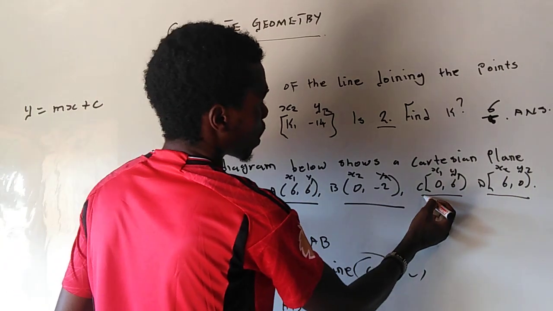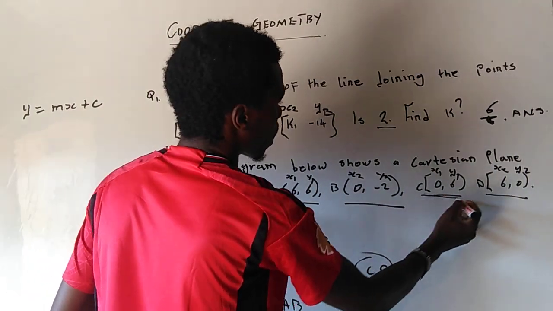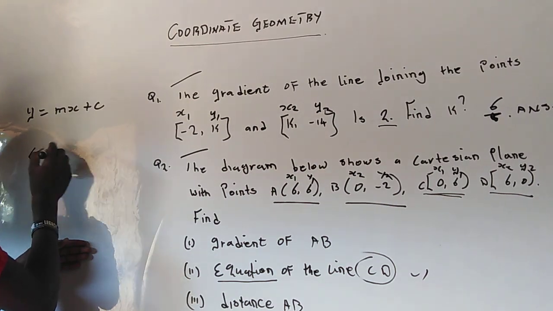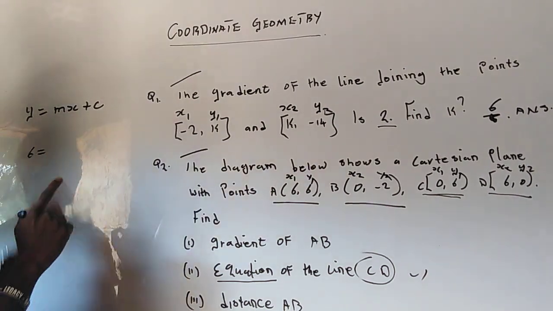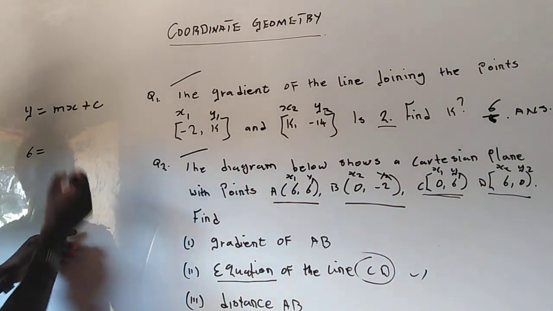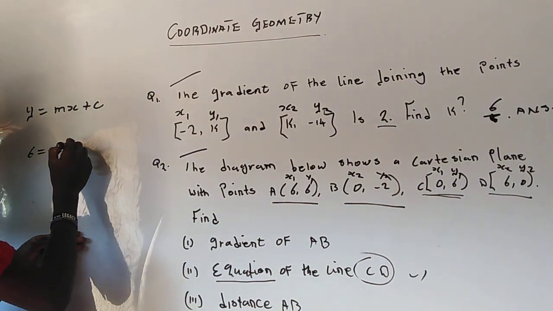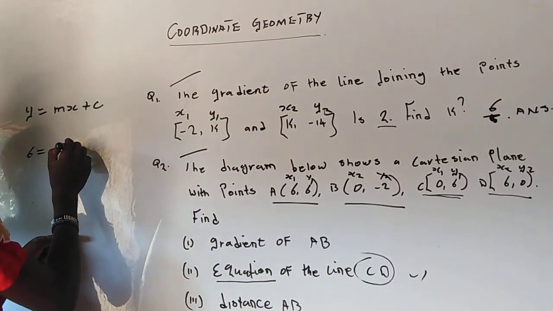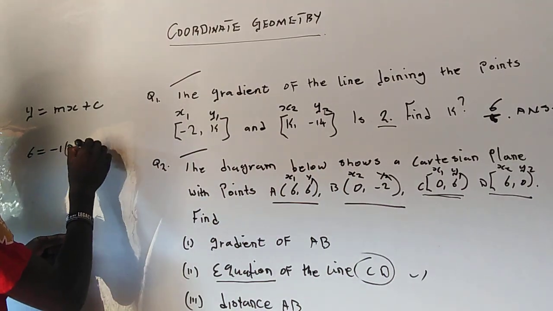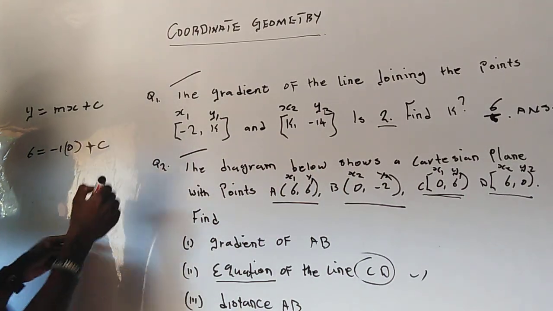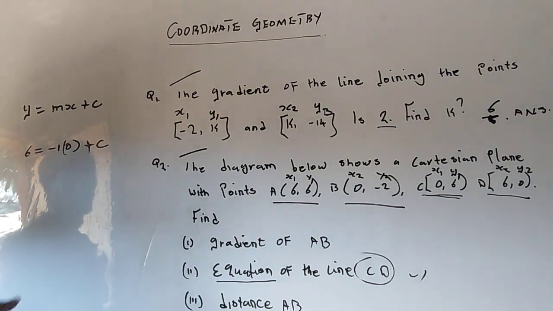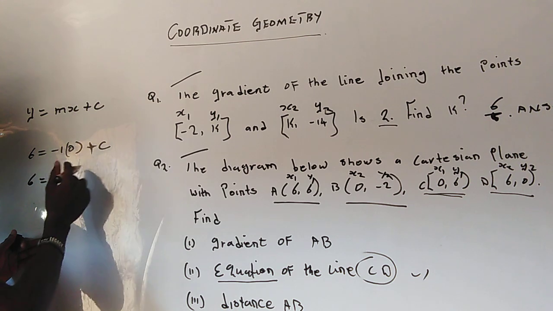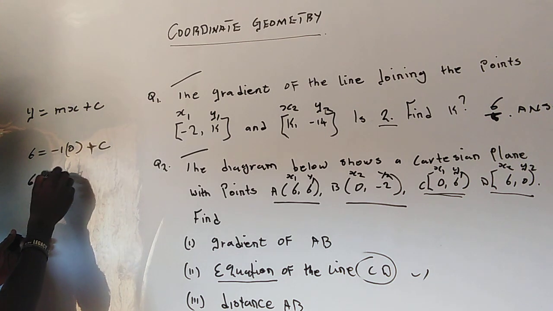I'm going to pick this coordinate: y is 6, and x is 0. The m, which is the gradient we found, is negative 1. Plus c, because we are finding the constant c. So 6 is equal to negative 1 times 0, which is 0, plus c. So 6 is equal to c.